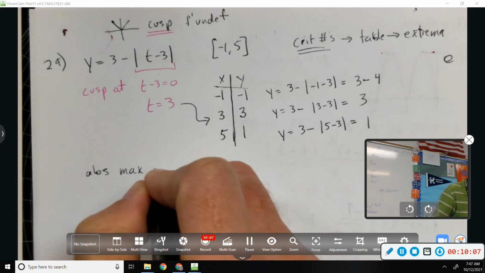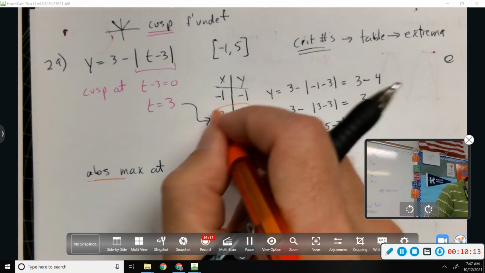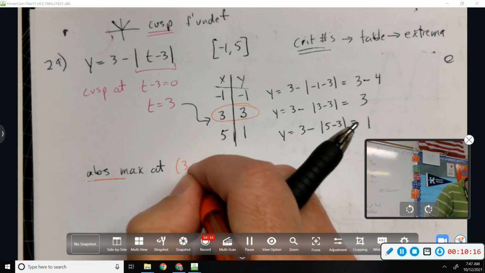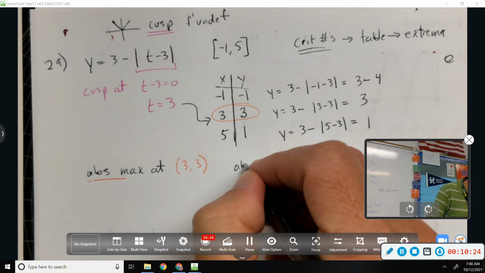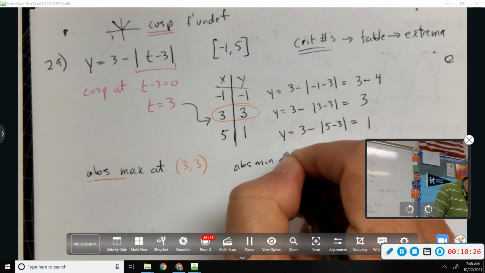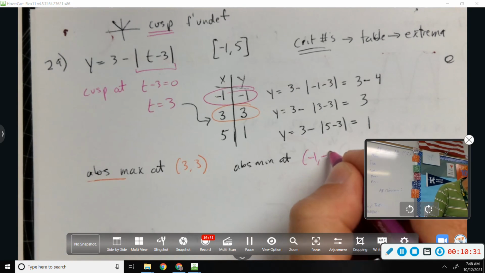So there's an absolute max at 3, 3. Again, if you give the full point, you're safe. And there's an absolute min at -1, -1.